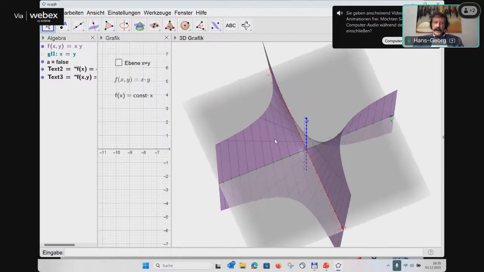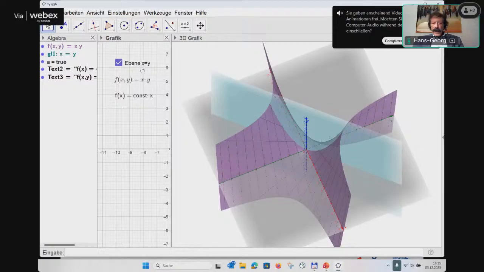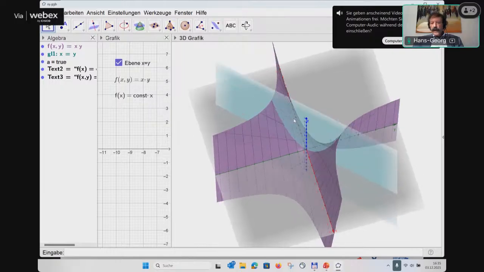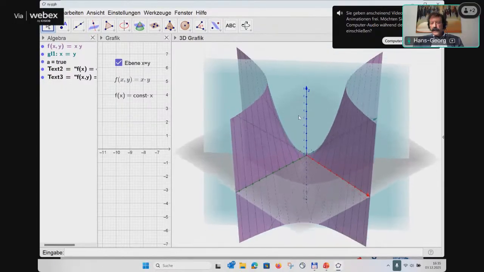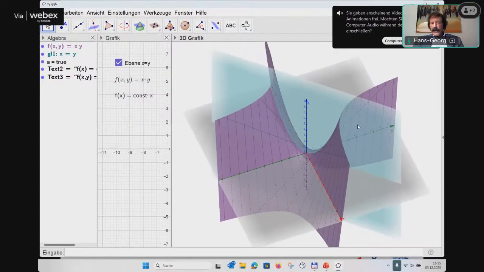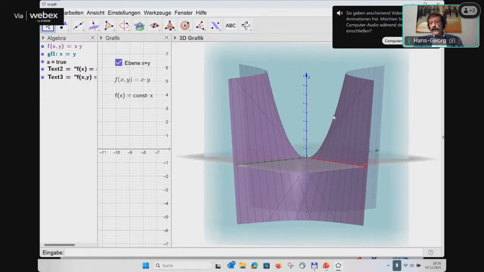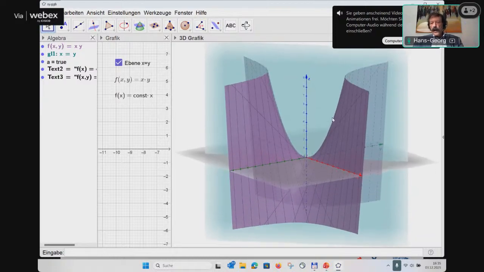And if you especially take the plane x equals y, so if x equals y, and you think of the function f of x, y equals x times y, then the intersection between this plane and the graph of this function is a parabola, because it's x squared or y squared.